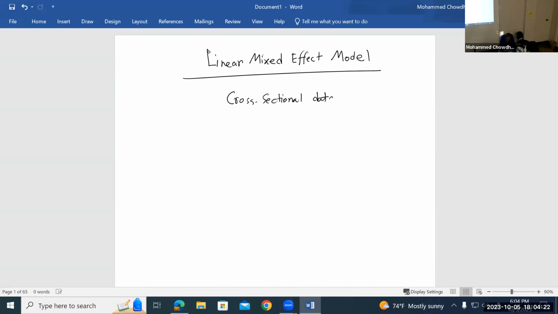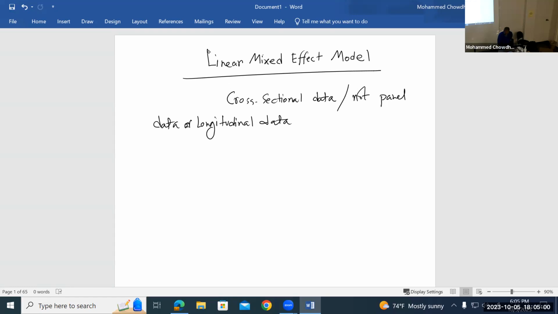Cross-sectional data. So that means not panel data. What is panel data? When there is a repeated measurement, that is panel data or longitudinal data.